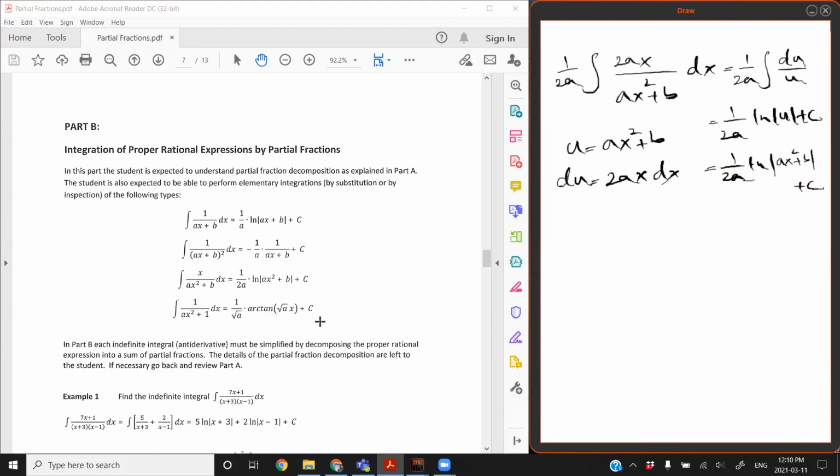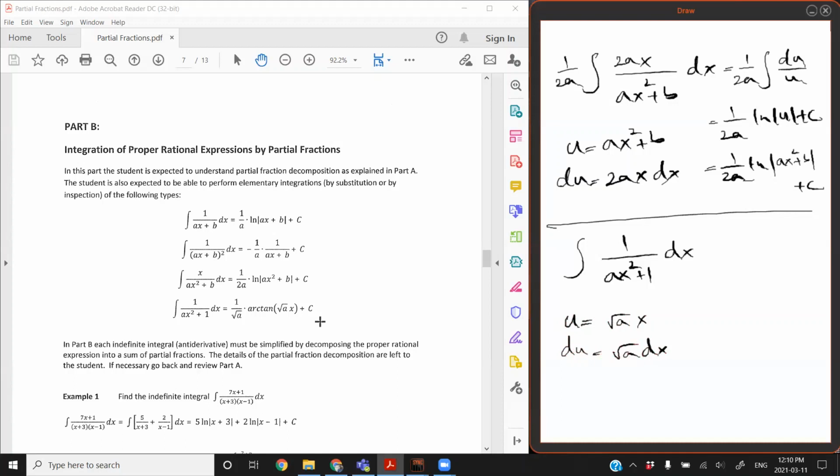Okay, let's do the last one. For the last one, you have 1 over ax squared plus 1 dx. The right substitution is taking u to be root a x, and then du would be root a dx.